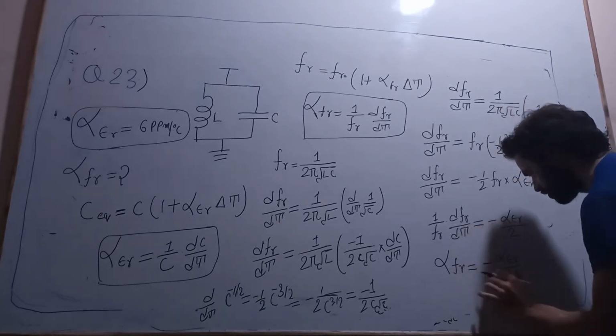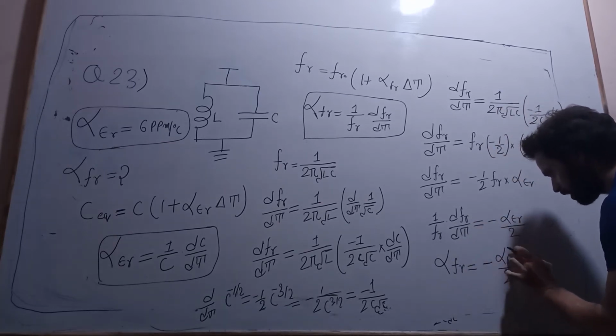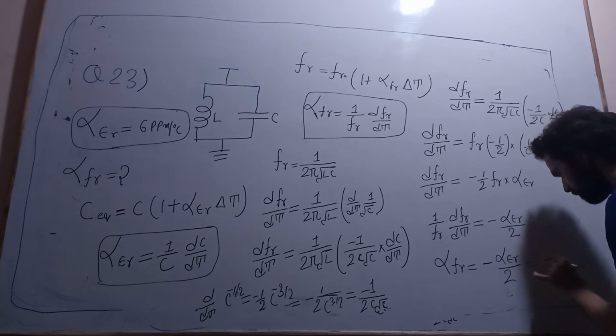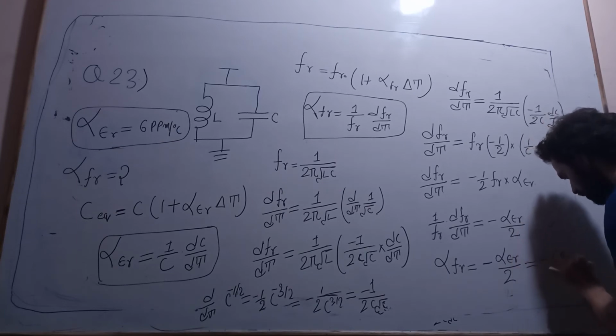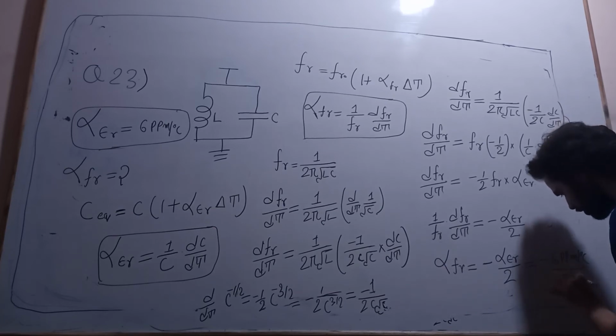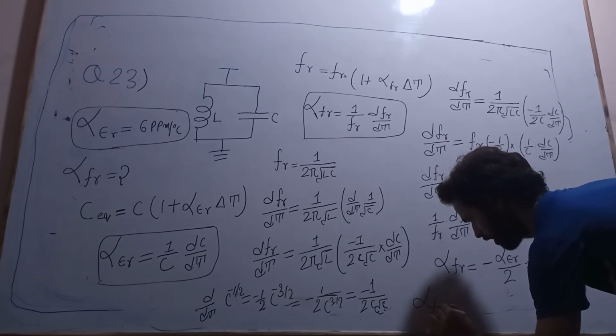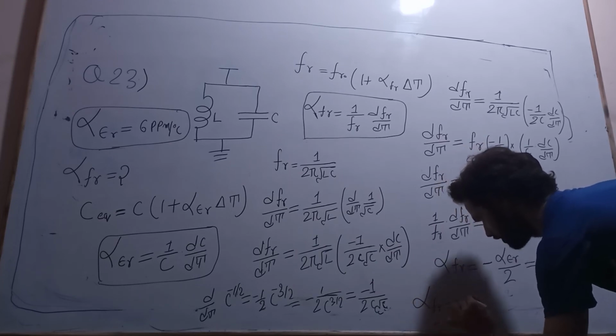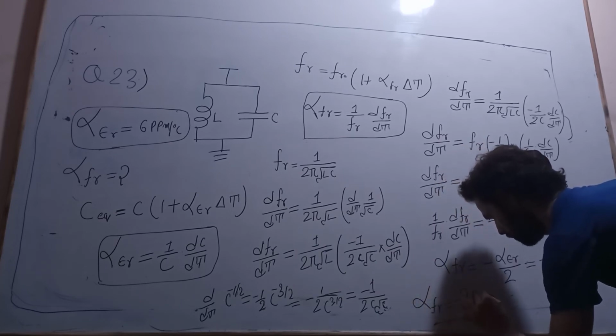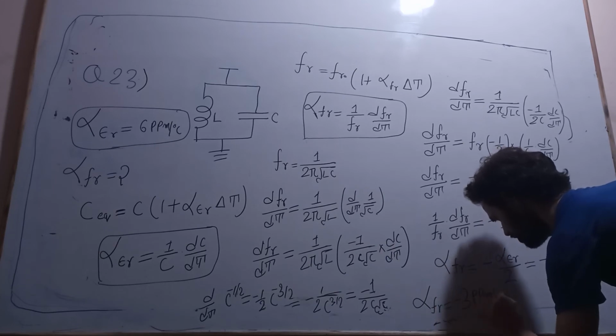Now just put this value: minus 6 part per million per degree Celsius divided by 2. Therefore we got alpha fr is equal to minus 3 part per million per degree Celsius.